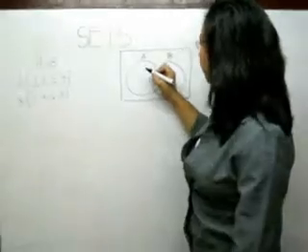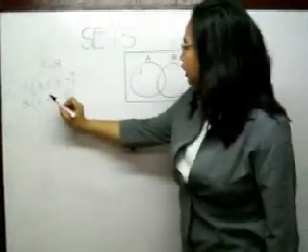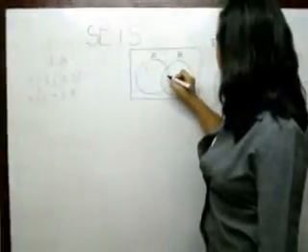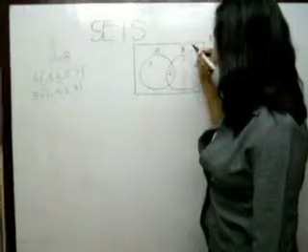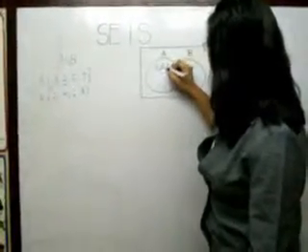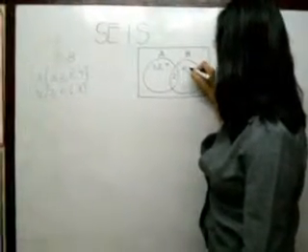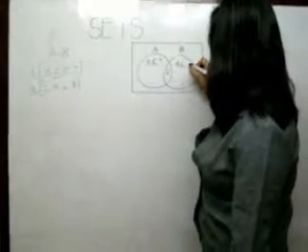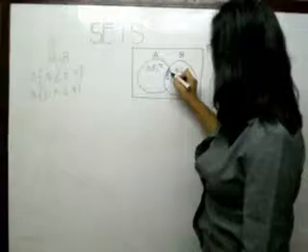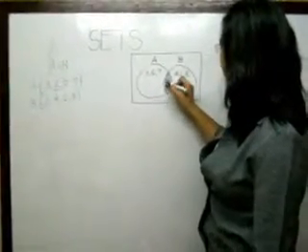For their common element, which is 2, we will write 2 at the center there. And for set A, 3, 5, and 7. For set B, 4, 6, and 8. Then we will shade the middle part, the intersection, because A intersects B.